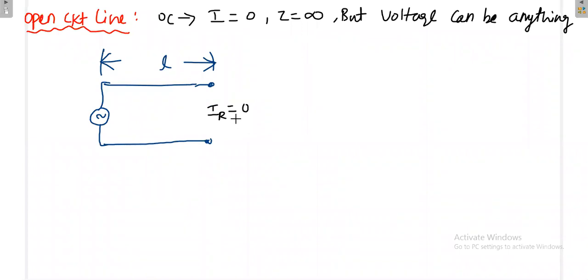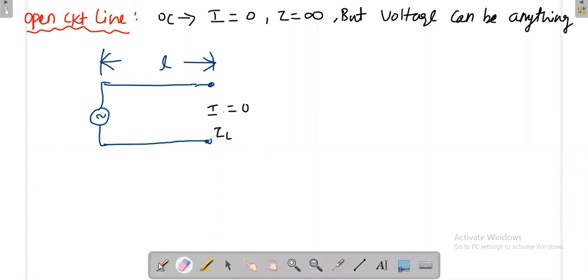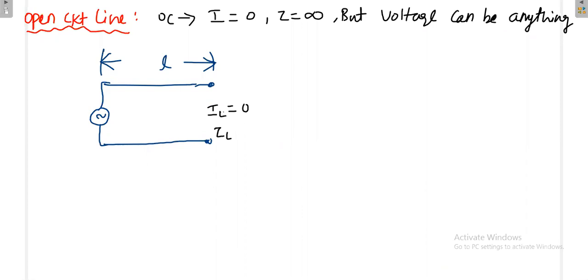Instead of IR, I can write IL also. So current at the receiving end, IL, is equal to zero. Then ZL is equal to infinite. But I don't know what VL is. VL can be anything.